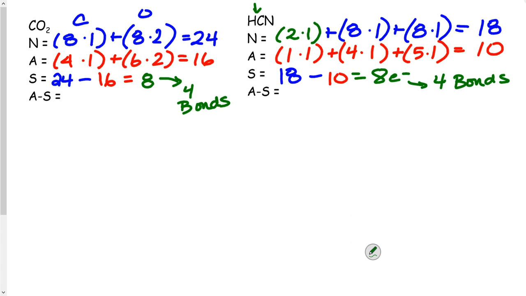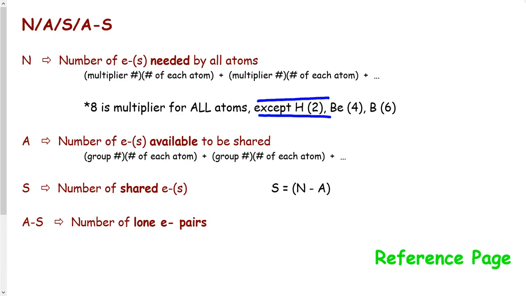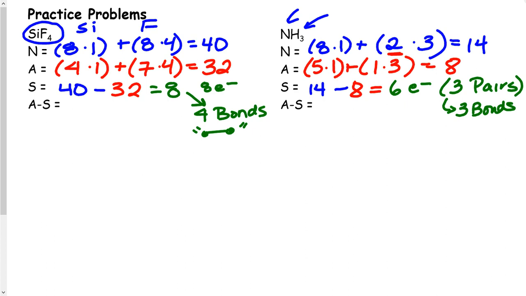Finally, as we go back to our reference guide, A minus S, in maroon at the bottom, is going to tell us our number of lone electron pairs. Looking at our practice problems, the A minus S value starts with your original A value.